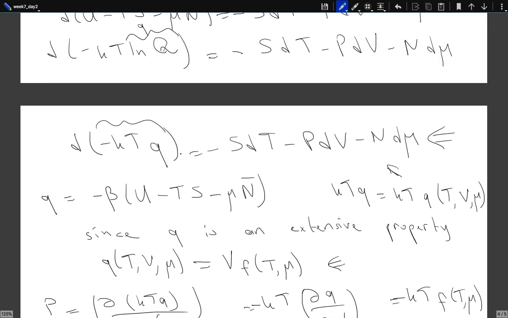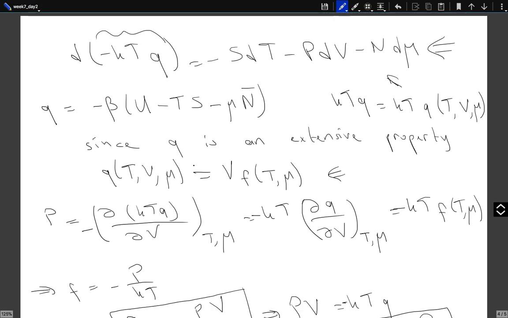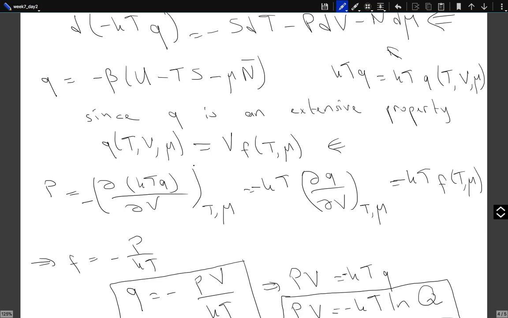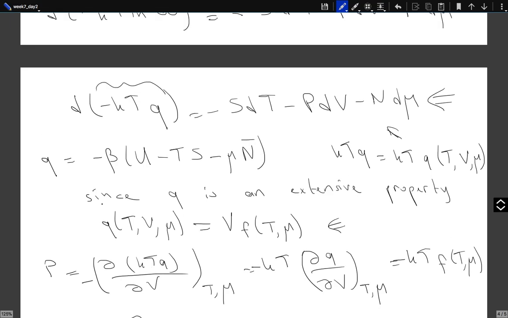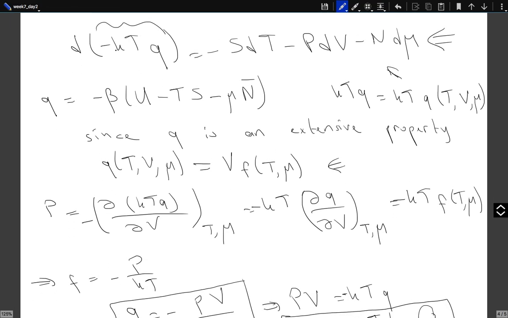Here this is minus ktq. Okay, so there are these two. Derivative of minus ktq with respect to v is minus p. So you see derivative of minus ktq with respect to v gives me minus p.